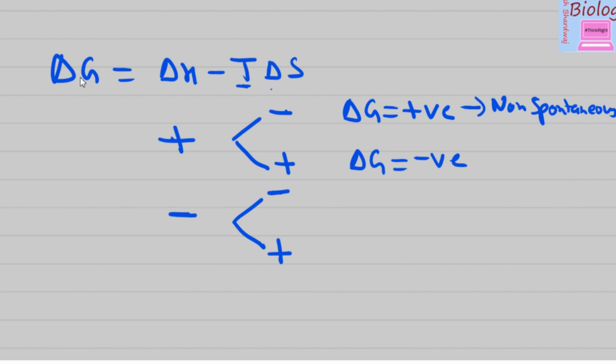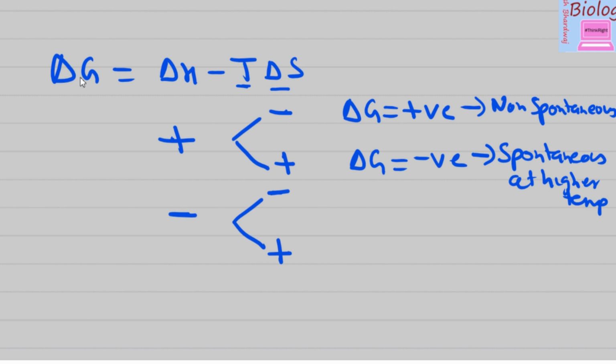Your delta S is positive, but if your temperature is higher, this whole term is going to become more negative. Here your delta H is positive, but this term is now more negative. So the end result is that delta G is going to have a negative value. Such reactions are actually going to be spontaneous at higher temperature.